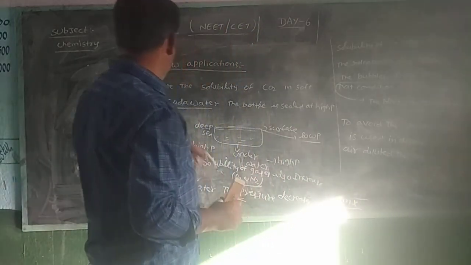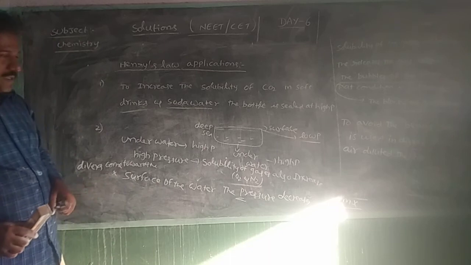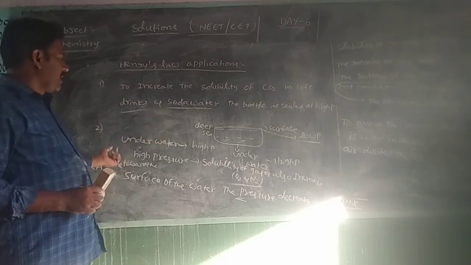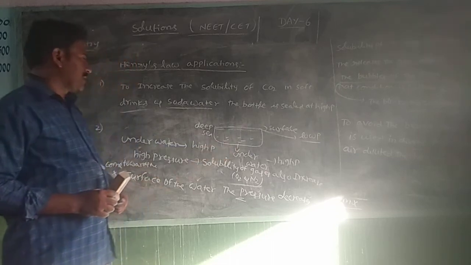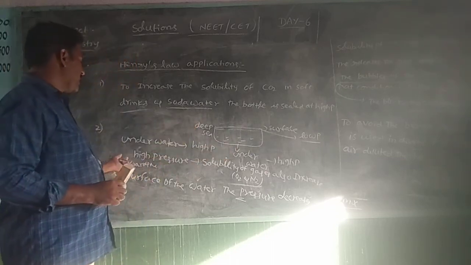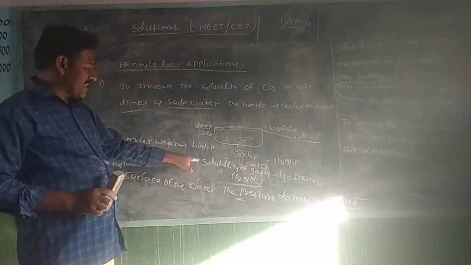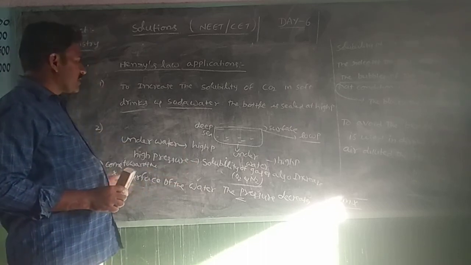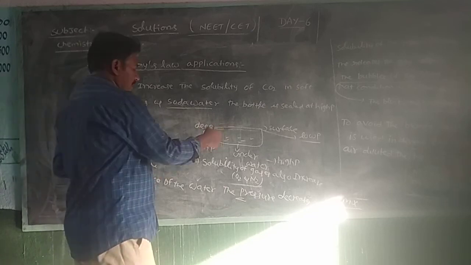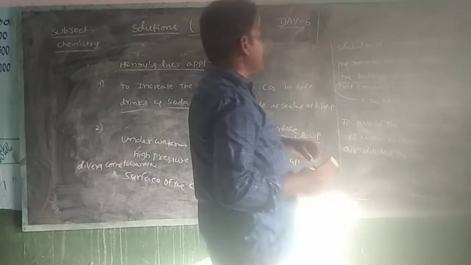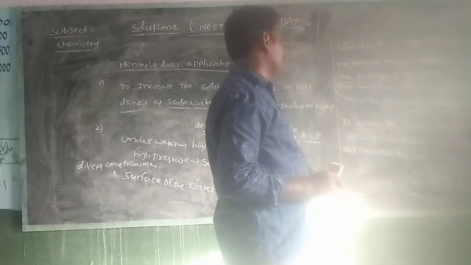This is the second application. Scuba divers must cope with high concentrations of dissolved oxygen. Underwater, high pressure is present, which means the solubility of gas also increases. When divers come towards the surface, the pressure decreases, the solubility of the gas decreases, and it releases the gas, and nitrogen forms bubbles in the blood.